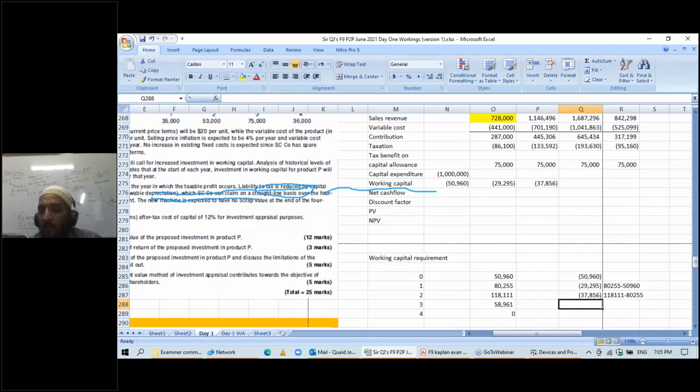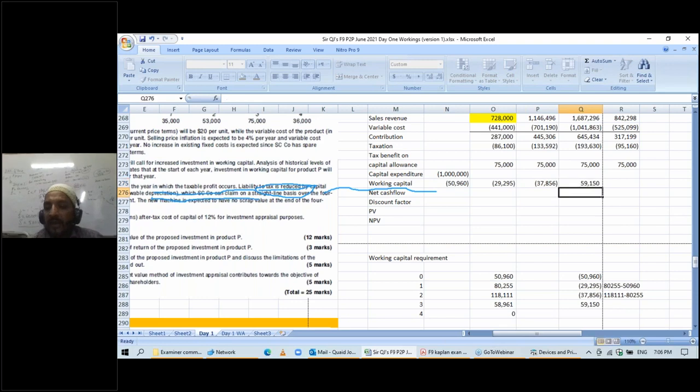So out of this project, the company is able to receive some money as the working capital requirement goes down.